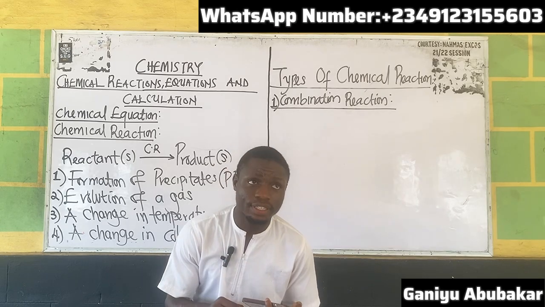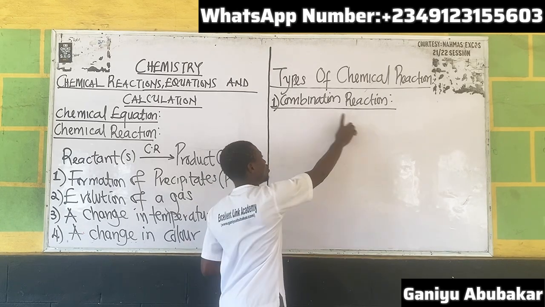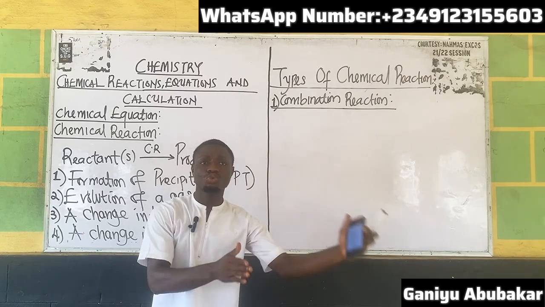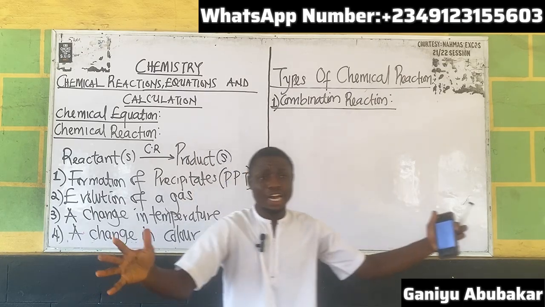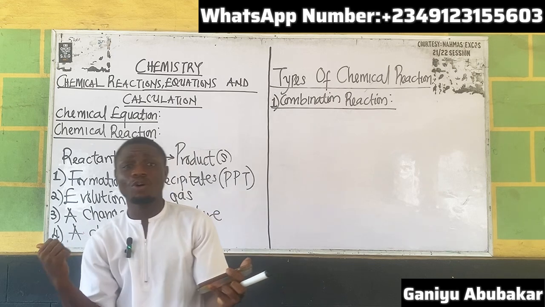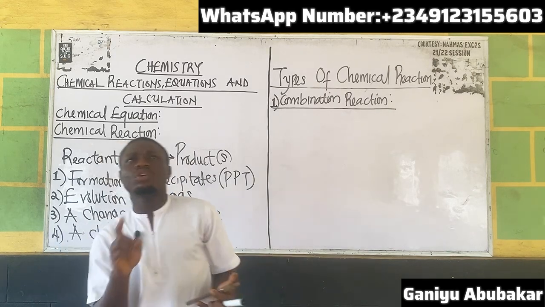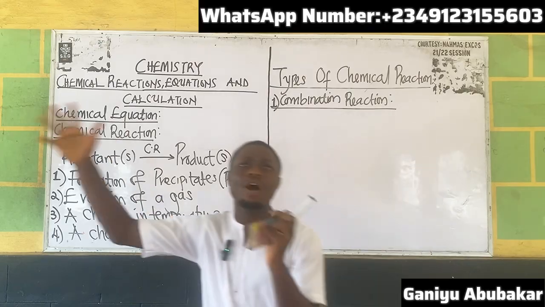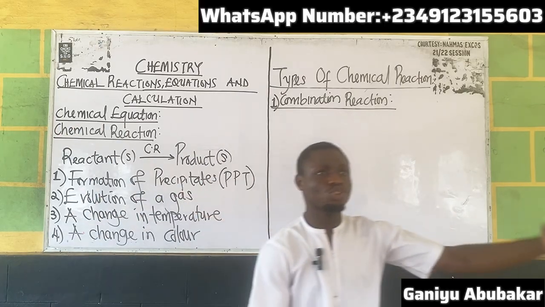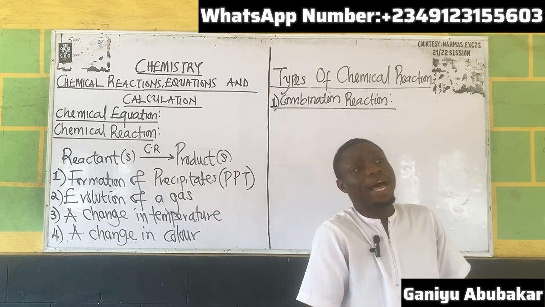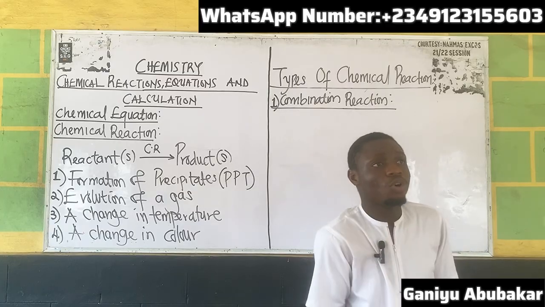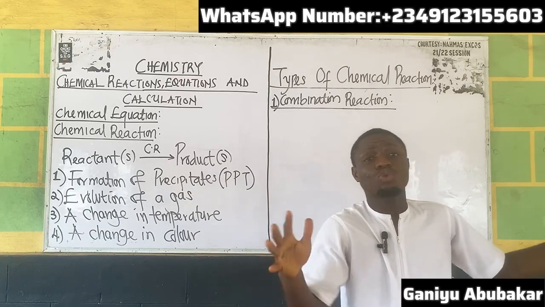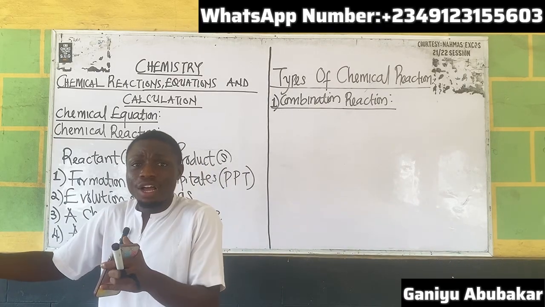Now, listen. When it comes to combination, you're having two or more compounds. They are combined to give you what? A larger compound. That's all. So here's the idea. If you're having two things combined to give you a bigger one, you're having two smaller elements, perhaps an element and a compound or compound and compound. These two combine to give you a bigger compound.